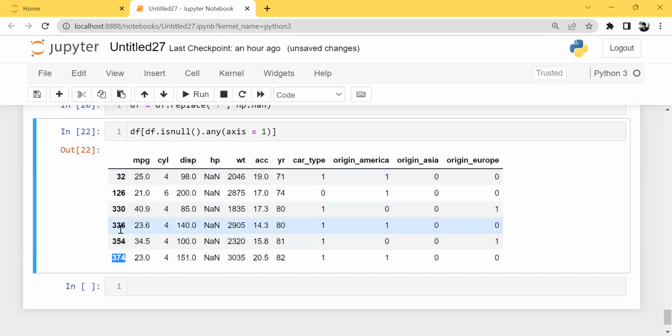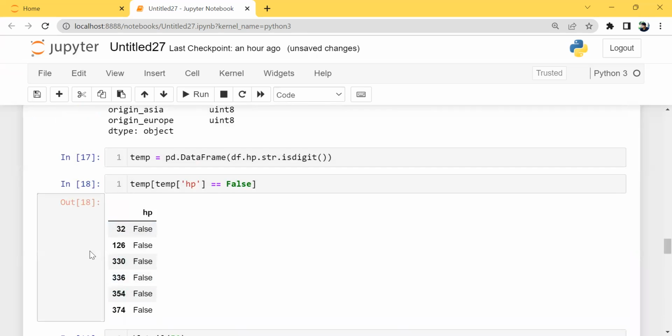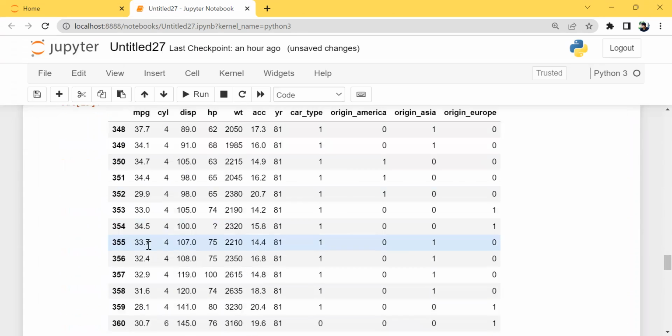See, all these indexes are actually matching with the above non-numerical values, right? Earlier we have already seen these particular indexes are having some question marks.